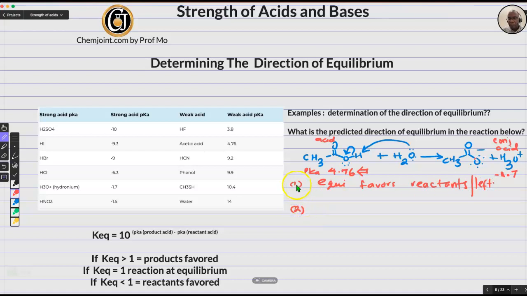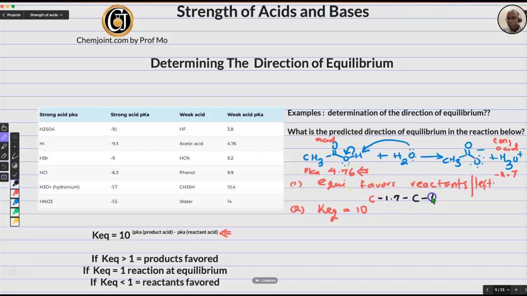Method 2, yes, let's use the calculation method and really find an estimated Keq value. Keq equals 10 to the power of the pKa of the product acid minus the pKa of the reactant acid. The product acid is negative 1.7.